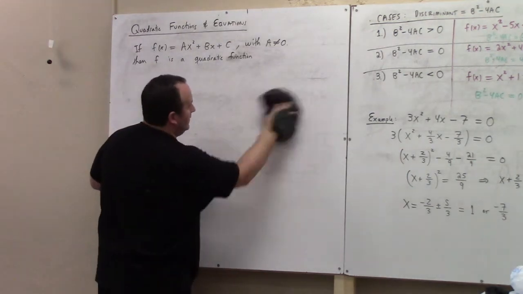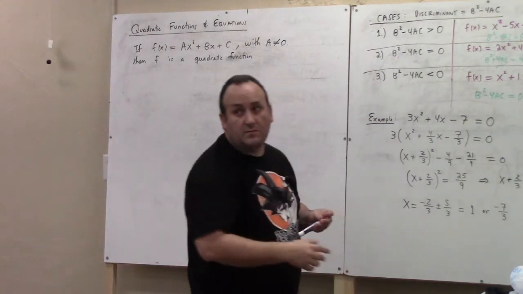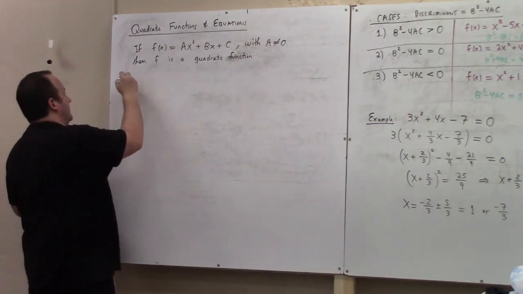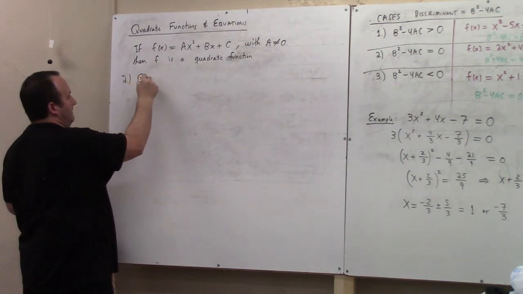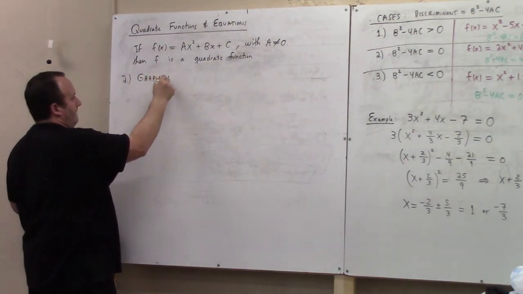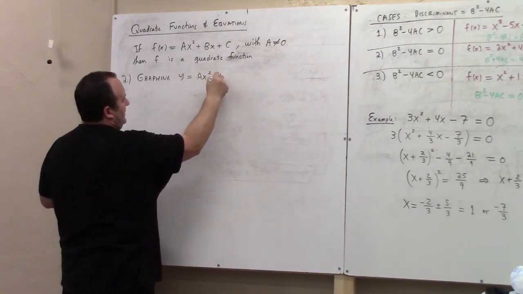Okay. So how to graph. I just want to point out that there are some things we should be aware of for graphing. y equals ax squared plus bx plus c, right?